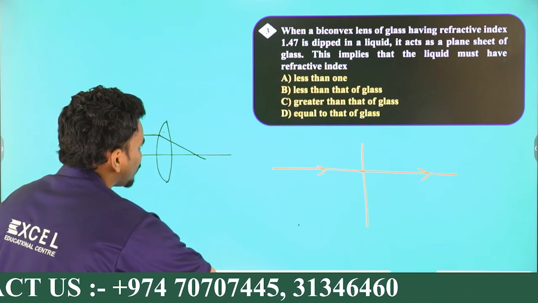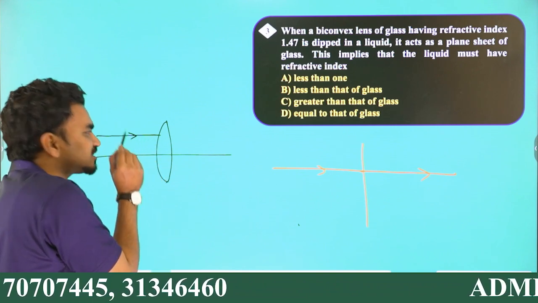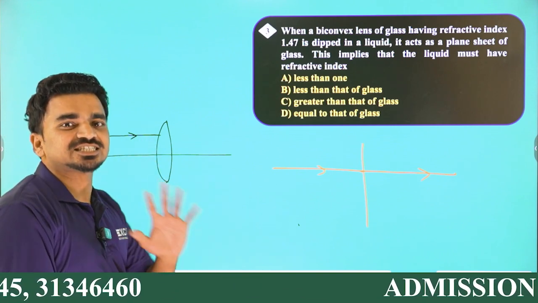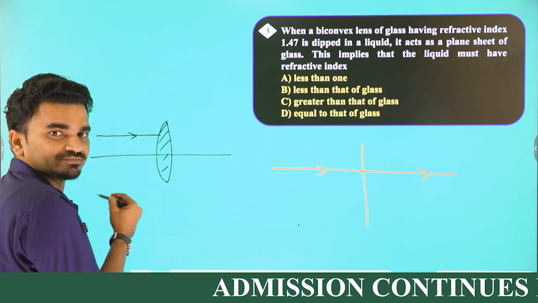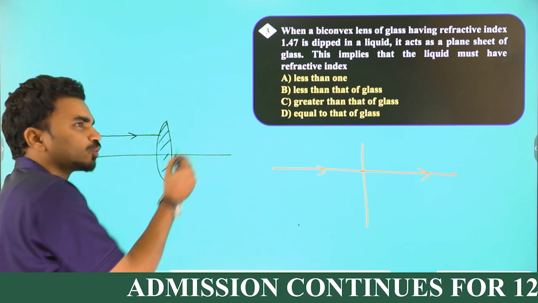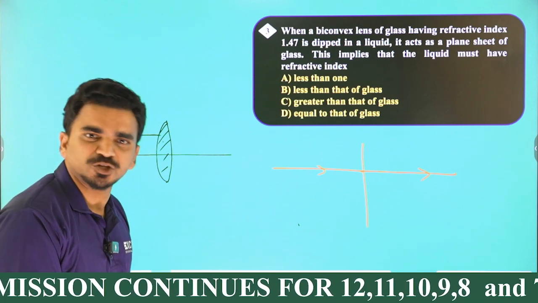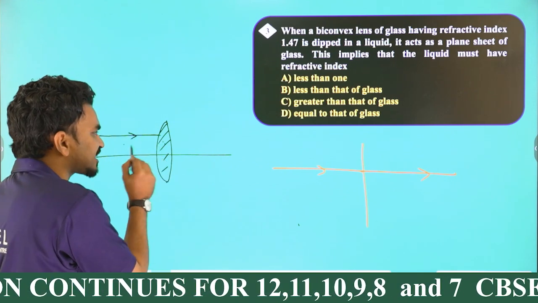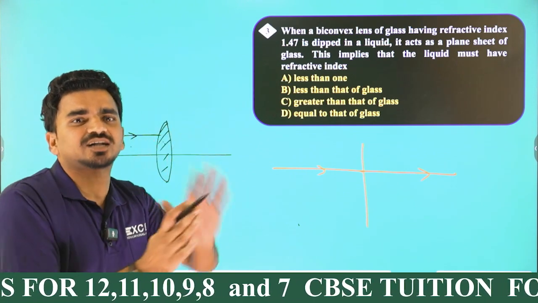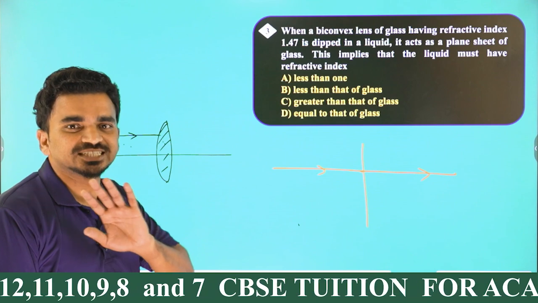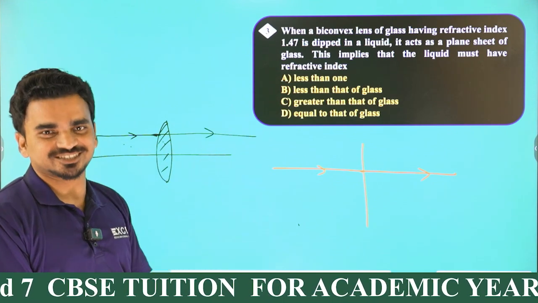What if the inside medium and outside medium have the same refractive index, the same material? If inside is glass, outside is also glass. Think about that situation. Will there be any bending? No. There is no refractive index change. If I imagine the outside medium and the inside of the lens are made up of the same material, then there is no refraction. Light is going to be straight, undeviated.